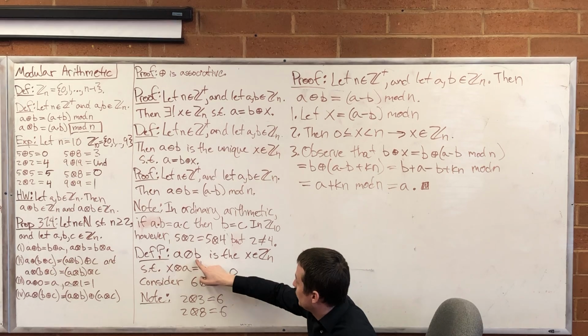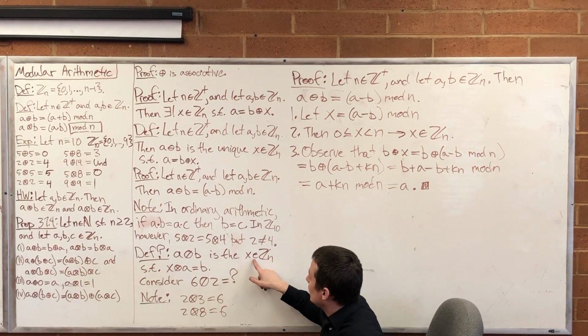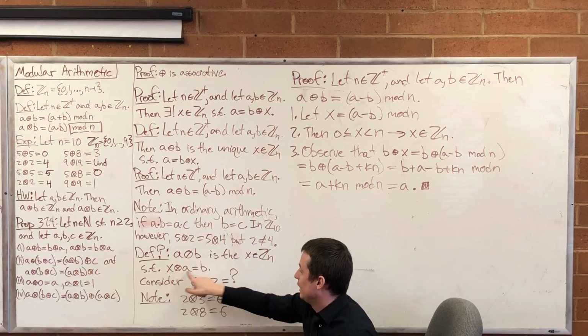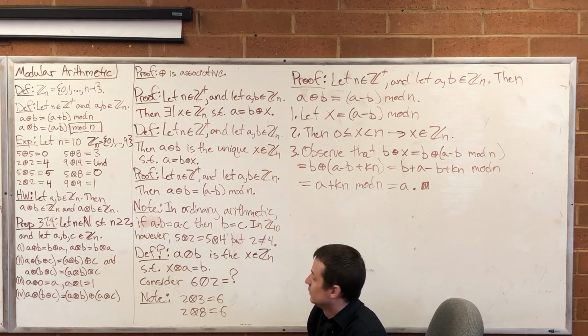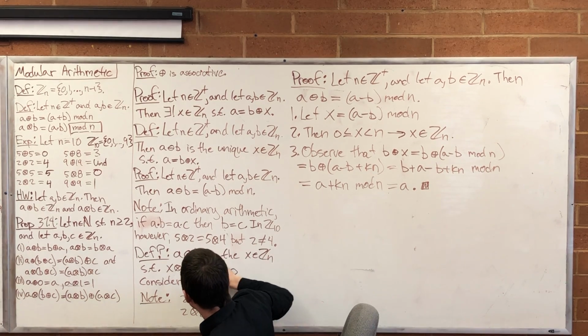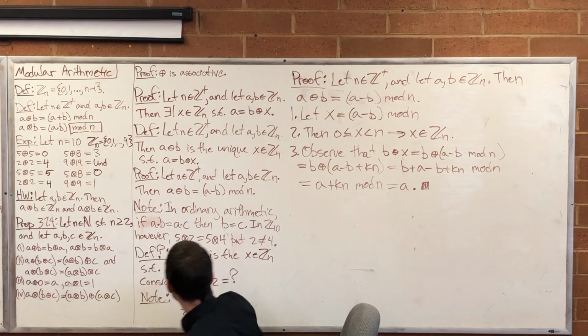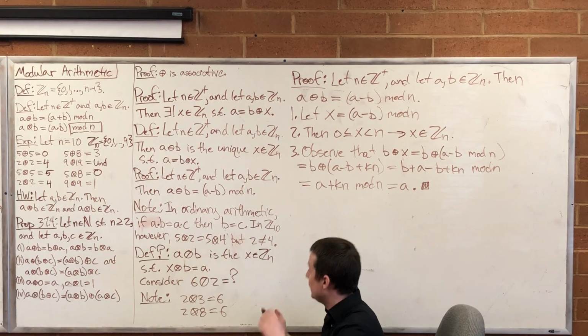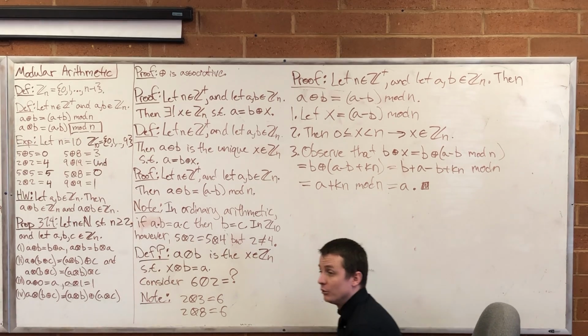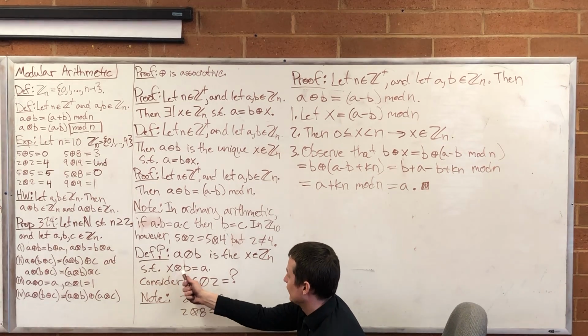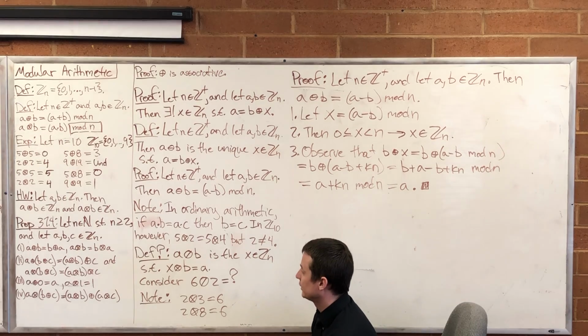We'll have a divided by b should be the unique integer x such that x times b equals a. So maybe this definition will work. We'll make it the unique x such that x times b equals a.